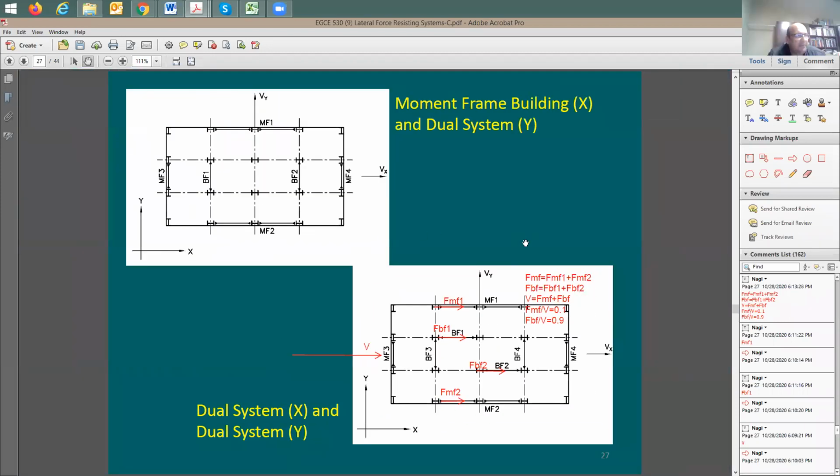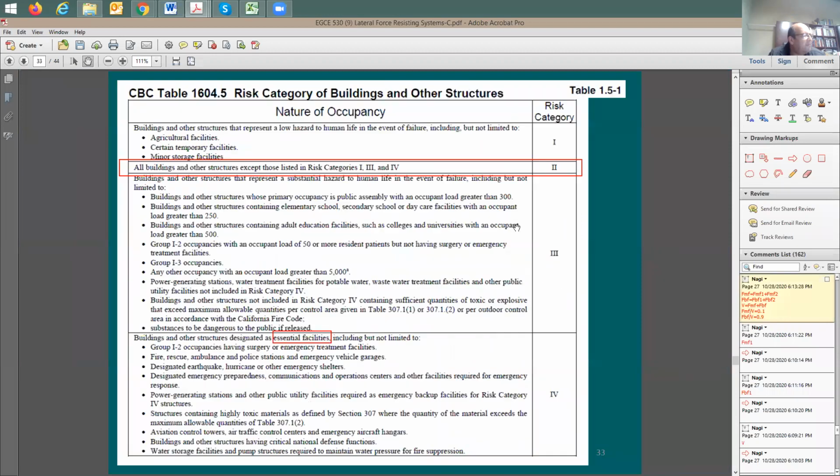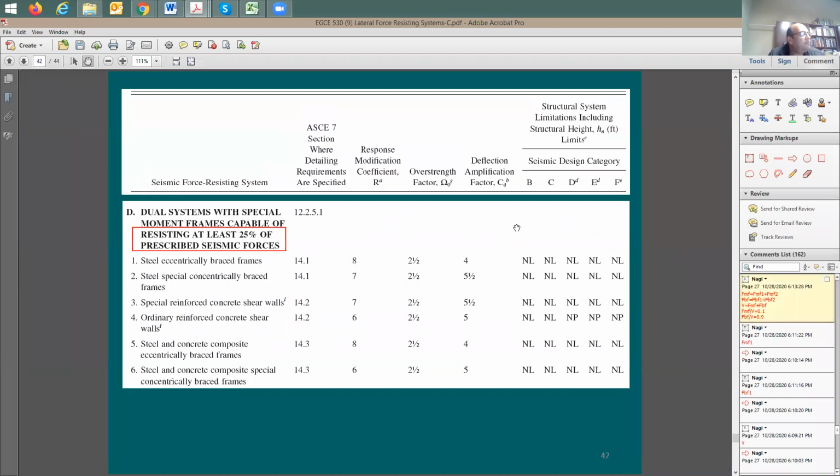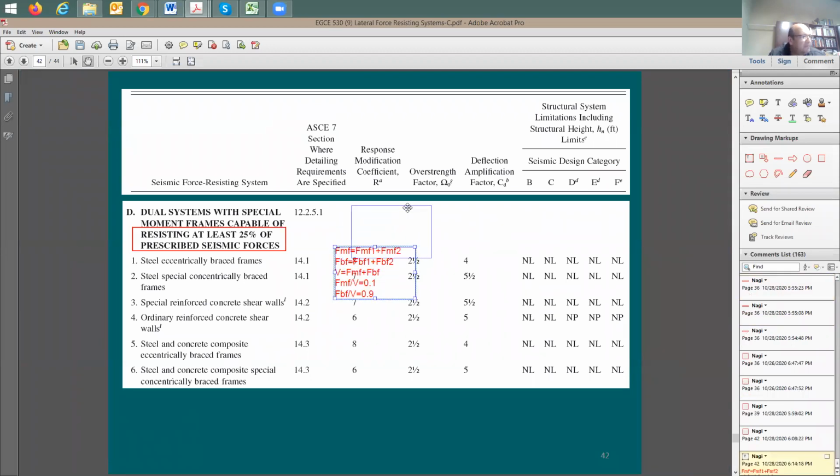So what the code says, now remember this discussion here, and let's move it there. I'm going to make a copy of this and go there. In D1, which I like to use, it says your moment frames should be capable of resisting at least 25% of the seismic force.